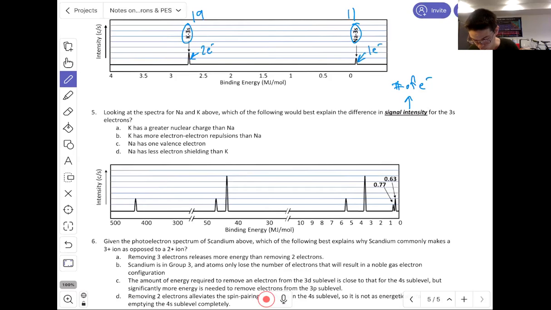So what answer seems to make the most sense here about why sodium only has 1 electron in its little peak versus potassium has 2 if they're both in that 3s?